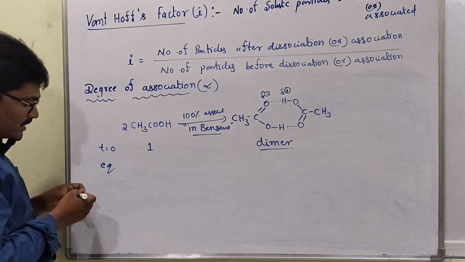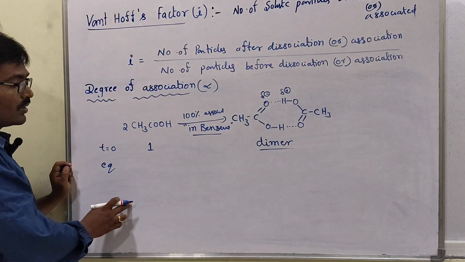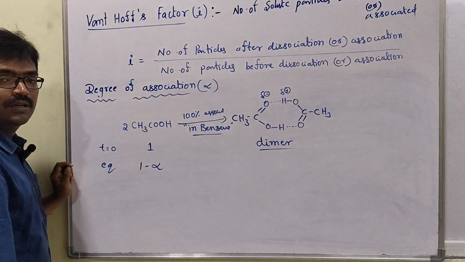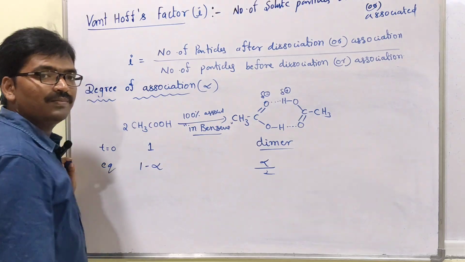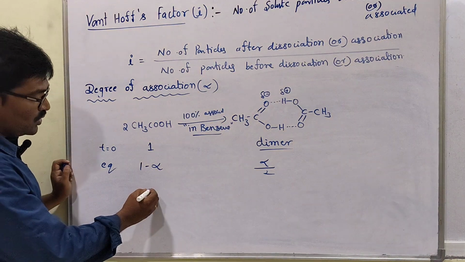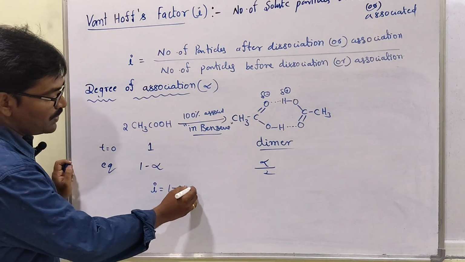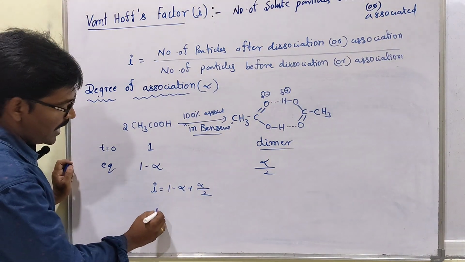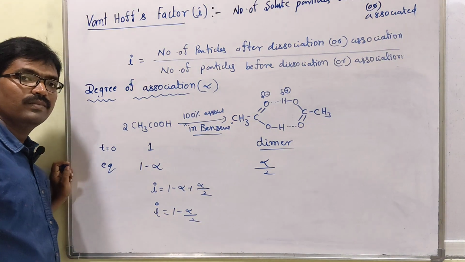So once it associates, sir, it is 1 minus alpha, same as before, then alpha divided by 2. So Van't Hoff factor i equals 1 minus alpha plus alpha by 2. Then i equals 1 minus alpha by 2. You can get it like this.